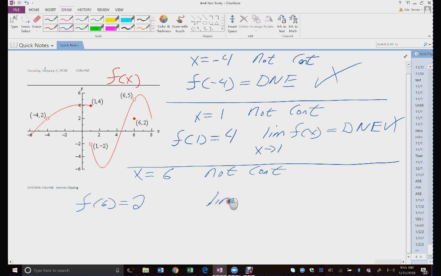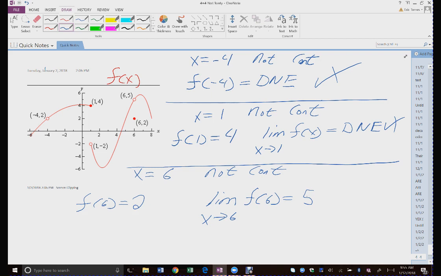That was all our second step. Well, problem is the limit does exist. Check that out. As I approach from the left of 6, I'm going to 5 on the function. As I approach from the right of 6, I'm going to 5 on the function.